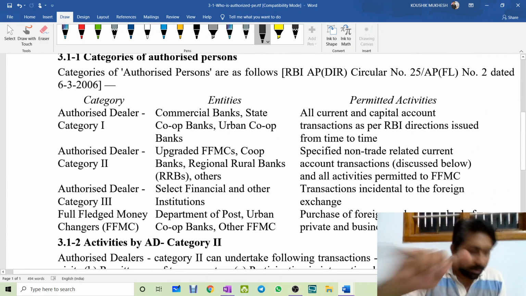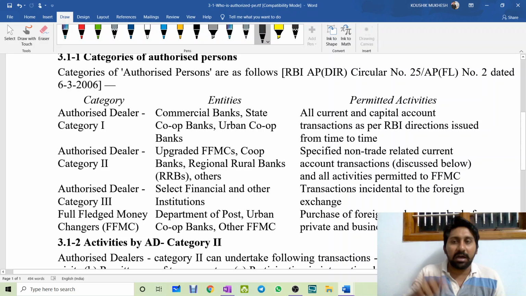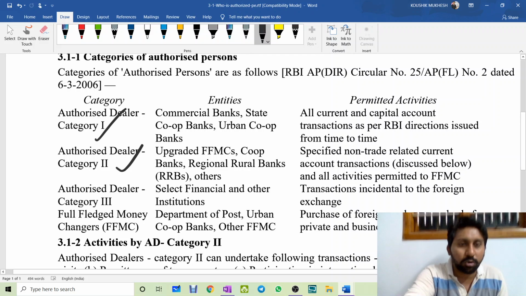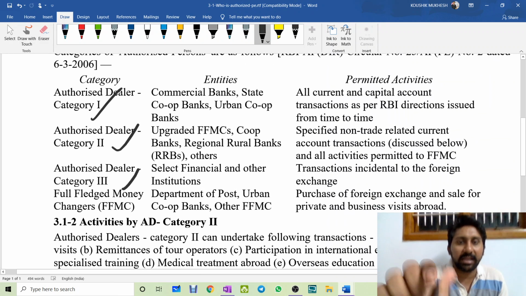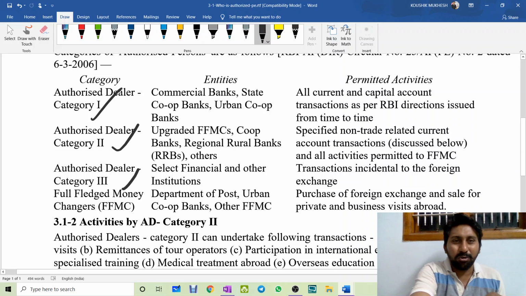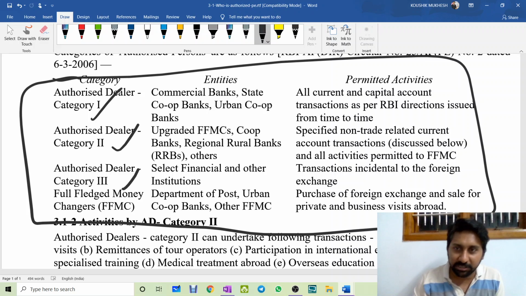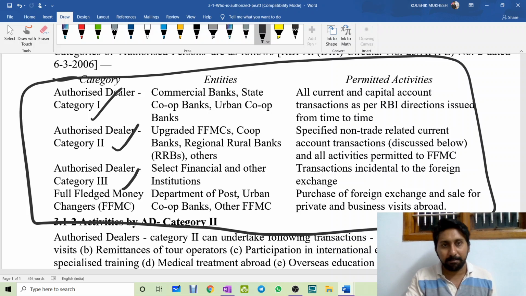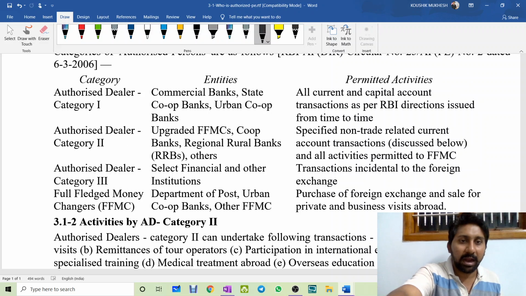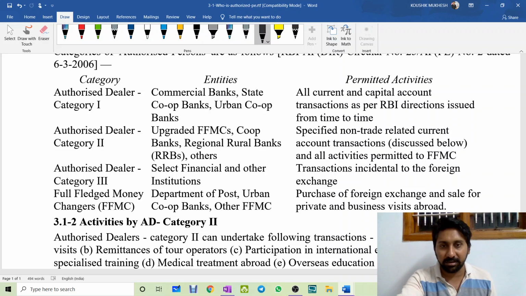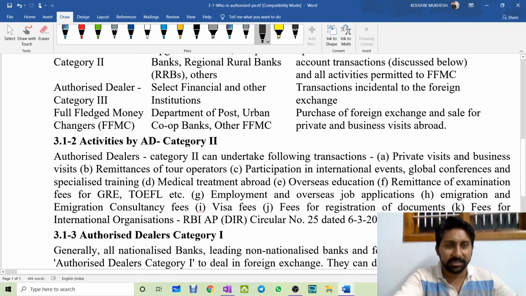Okay. Now, authorized dealers are of three types: AD category 1, 2, and 3. AD category 1: commercial banks, state cooperative banks, urban cooperative banks. I don't want to waste time repeating these since these are not applicable for our examinations. Pause the video and please have a look into it. I can't waste time discussing this in a normal revision session.